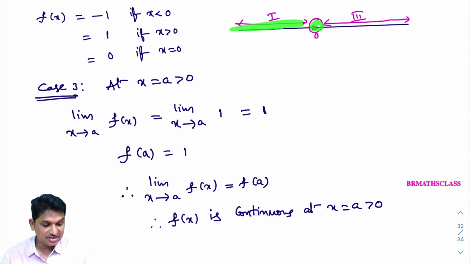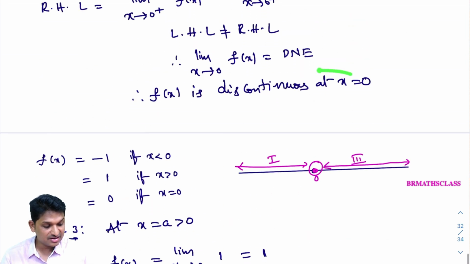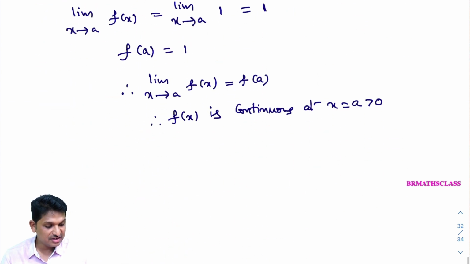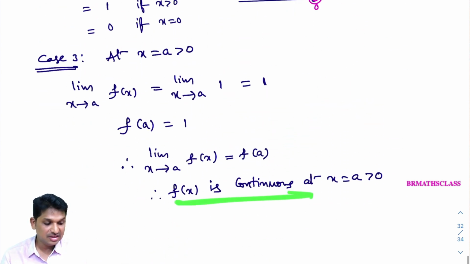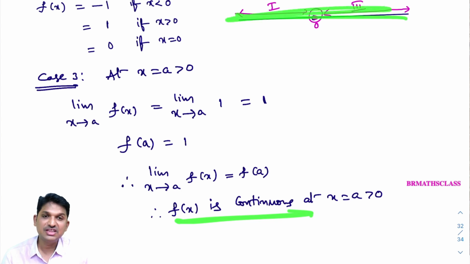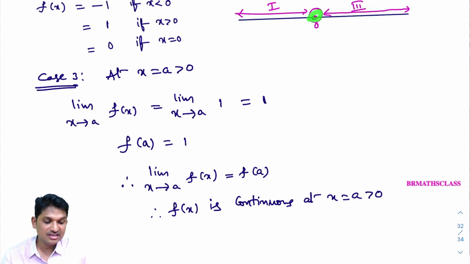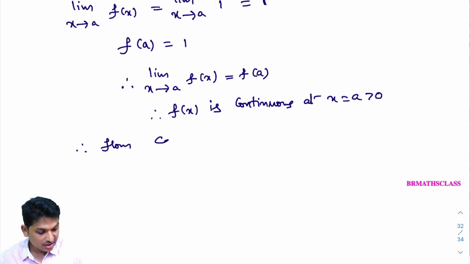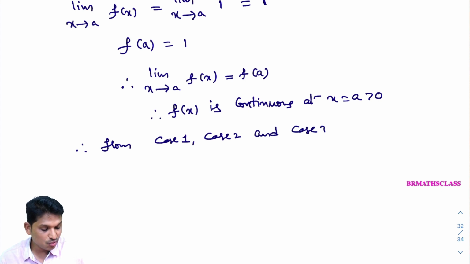Case 2, it is discontinuous. Look here, we got that it is discontinuous. Case 3, what did I get? In case 3, I got that it is continuous. So I am checking continuity in 3 cases. I got that at this point, this function is discontinuous. I will conclude this. Therefore, from case 1, case 2 and case 3, what can I say?